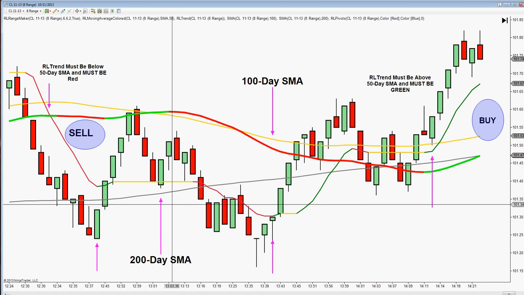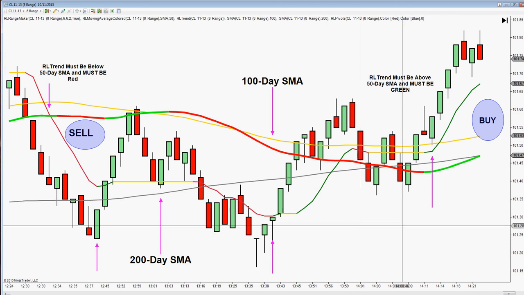Now, once we have all of the indicators inserted, we're going to go over trade setups over and over again. And you're going to see how the pivots and the trend lines all help to provide real optimal trades.